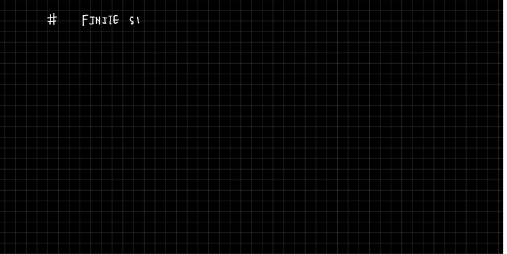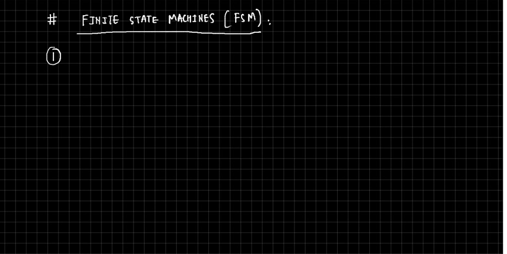Whenever such words appear, you should not be afraid, because these are nothing but sequential circuits whose output depends on the states and may or may not depend on the inputs. So the first thing which we have seen is a Moore FSM.